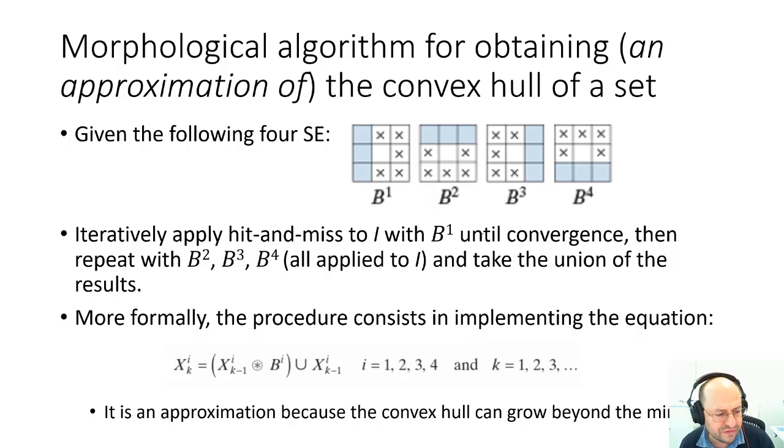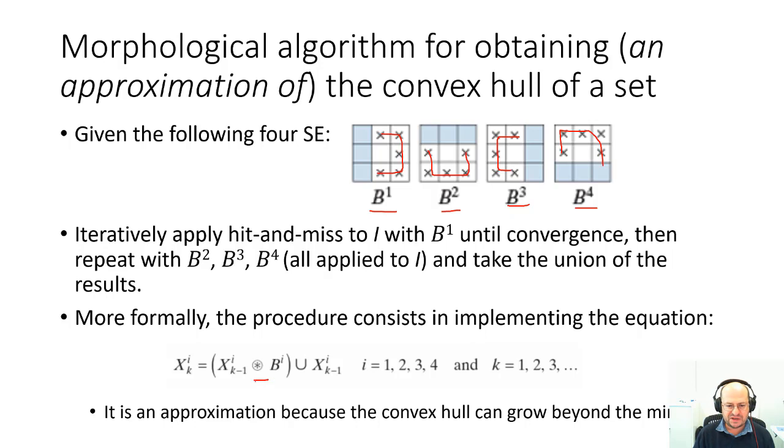Creating a convex hull with morphological operators, we're going to have to find 4 structuring elements, each one representing different sides. So this represents the right hand side of images. This represents the bottom side. This represents the left hand side. This represents the top side. All right, and then I apply what?